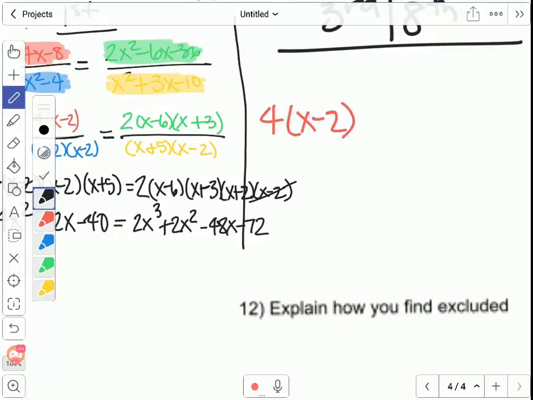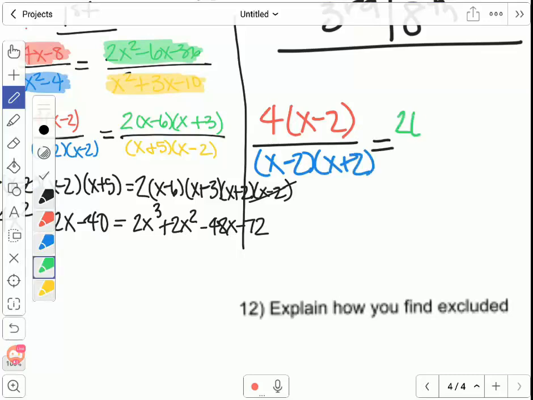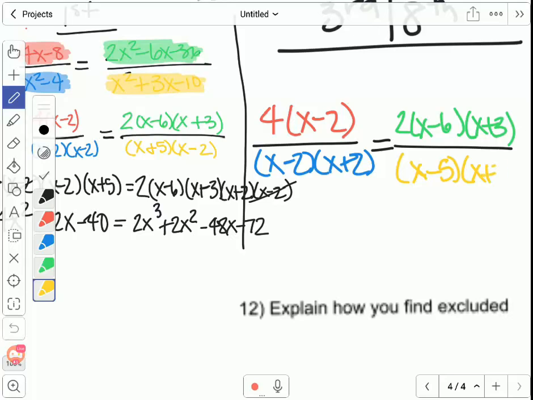4 times x minus 2 divided by x plus 2, x minus 2 equals 2 times x minus 6 times x plus 3. And the only difference for those of you in third and eighth period is that when you factor your h of x, you end up with x minus 5 times x plus 2.